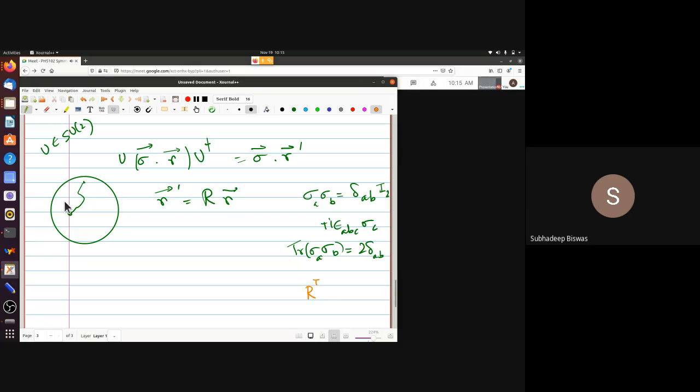Because we proved that for the U matrices, the corresponding matrices of O3 can only have determinant 1 and -1, because we already proved it's orthogonal. Right, that's the important point. We know that for a given U, you must have an R which is orthogonal, because the length of r and the length of r prime are the same.